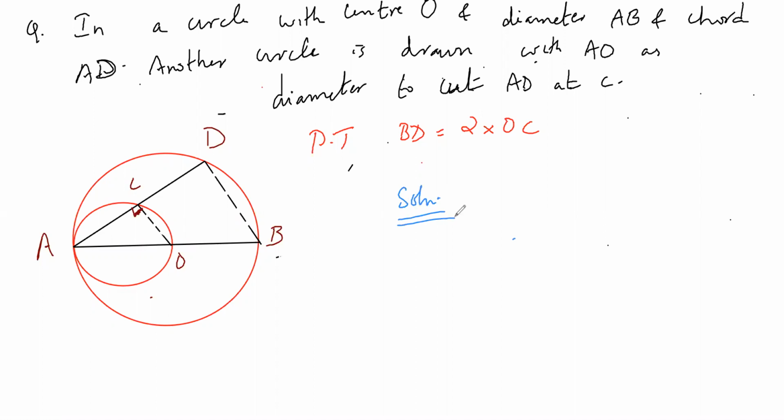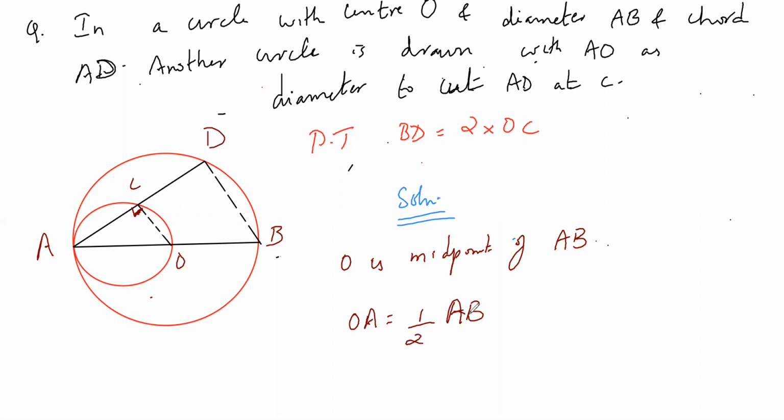Solution for this. Correct. So here O is the midpoint of AB, given. So what does it mean? OA is equal to half AB, we know.